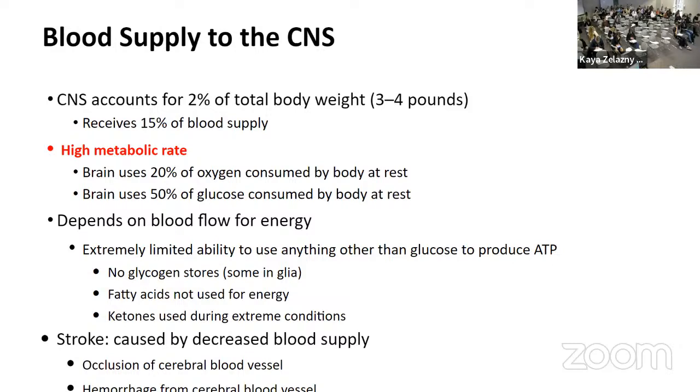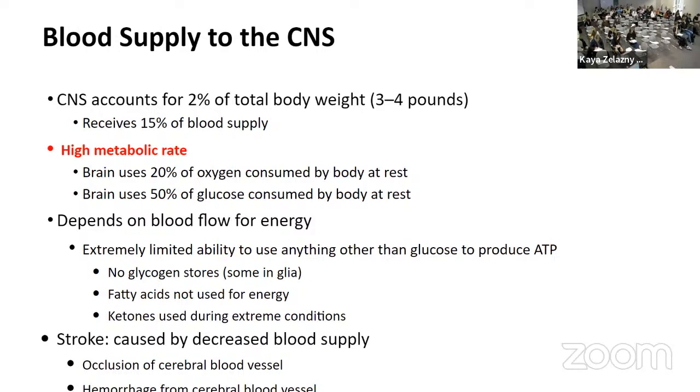There's almost no glycogen storage in your central nervous system, a tiny bit in some glia. Can't use fatty acids for energy. Under really extreme conditions, you can use a ketone or two, but it really wants glucose. So I'm hammering that home, because when we talk about the endocrine system and glands and hormones and digestion, it's going to be important to know that the brain needs all the glucose it can get.